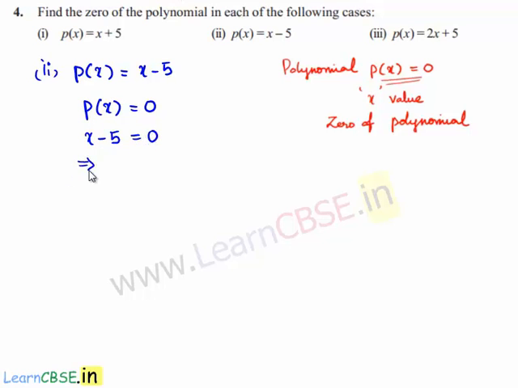That implies, let us transfer the minus 5 to right hand side. This gives x is equal to 0 plus 5, which is nothing but x is equal to 5. Therefore, x is equal to 5 is the 0 of the given polynomial.